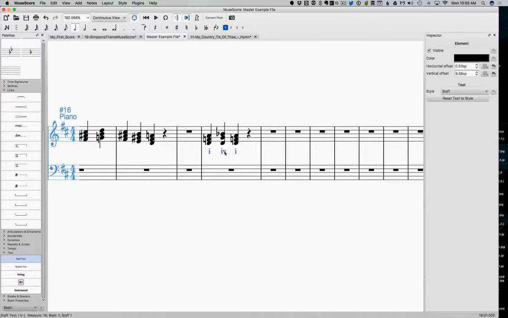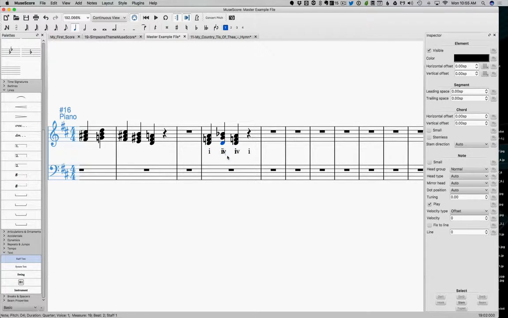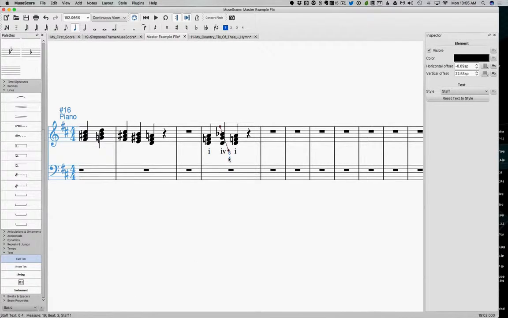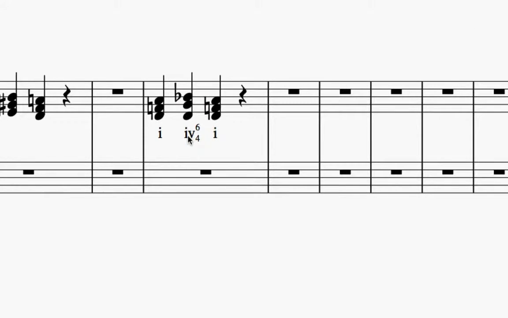And if we want to be really nitpicky about it, which we do, we're going to label the inversion also by doing this. And I'm going to shrink that down. Maybe not that far. 4, 6, 4, 1. Okay, that is exactly what we have here.